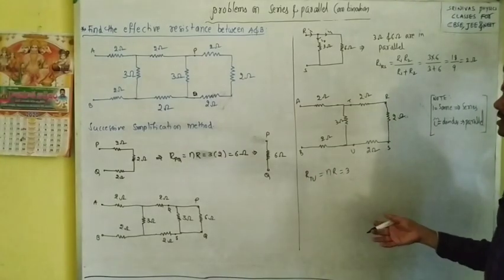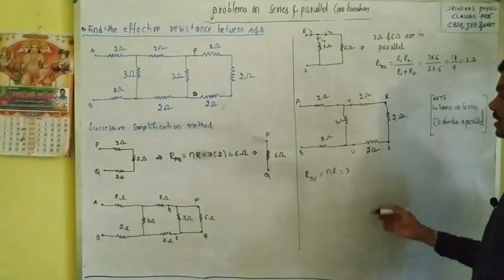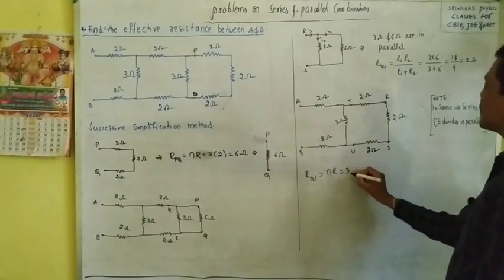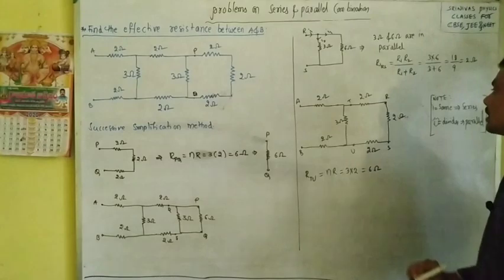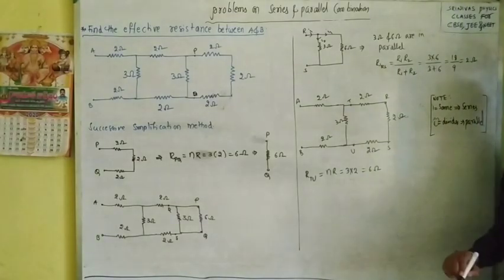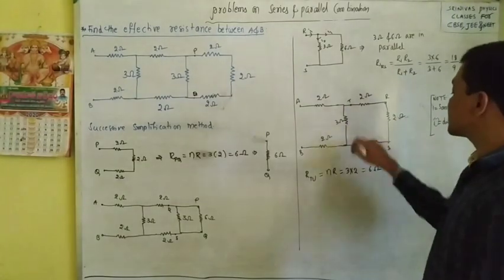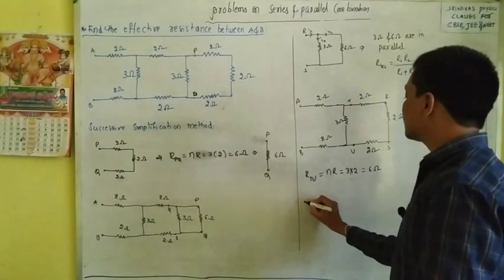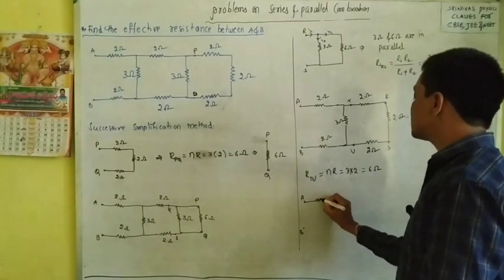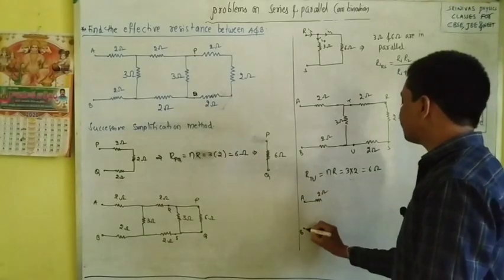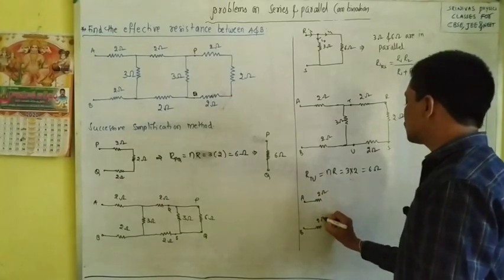All are identical means R plus R plus R, NR we will get. 3 into R is 2. What do you get, 3 into 2? 6 ohm we are getting, right? 3 into 2 is 6 ohm. Then again the 6 ohm is attached. Redraw the diagram. Okay, this is A and this is B and this is 2 ohm and this is 2 ohm.